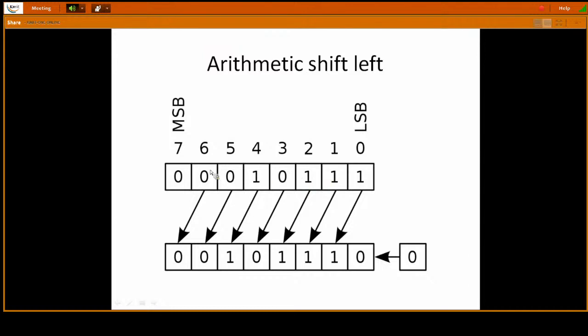But assume that the bit value here is 1, but the MSB is 0, that means it is a positive value. Now, whenever you apply this left shift, what happens? This 1 will come here. Now, what is there in the MSB position? 1. Whenever the MSB is 1, this represents a negative value.